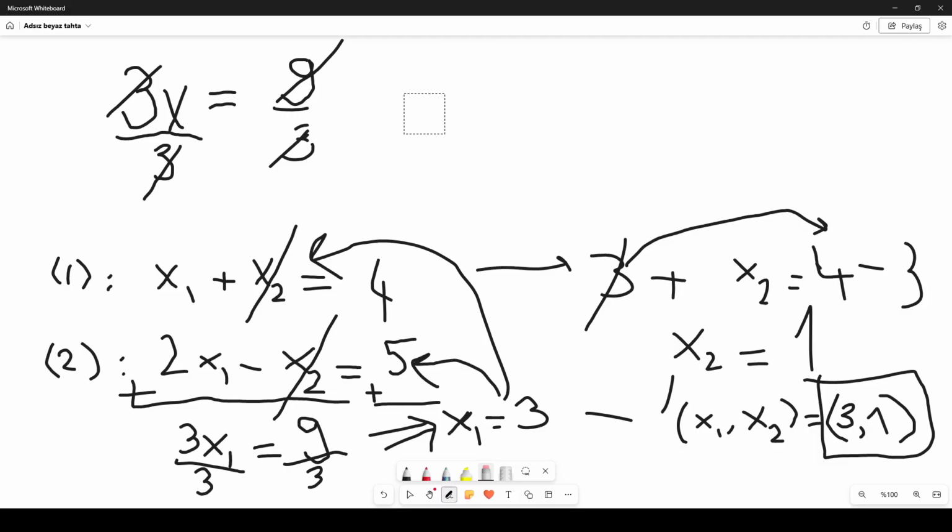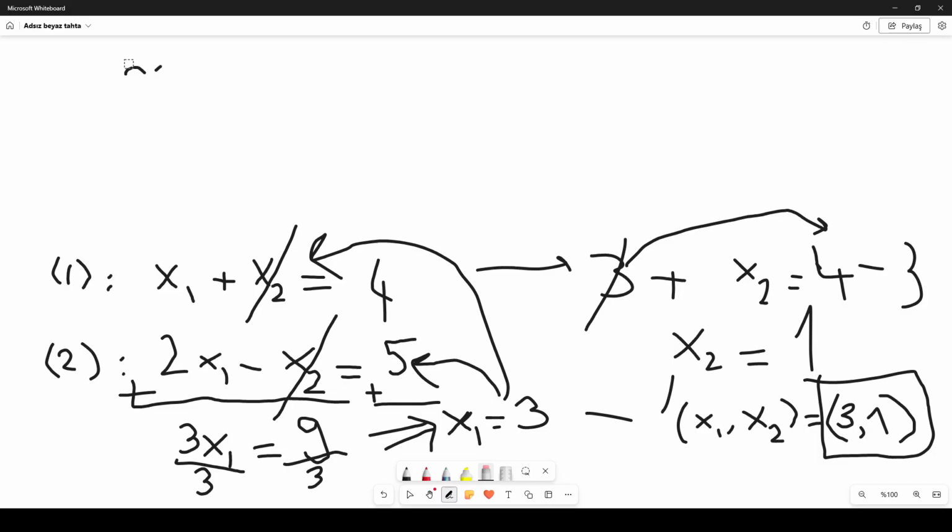And the answer is yes, because I start with the simple case where we have a 2 by 2 system in order to not only explain what a solution means, but also express it from a geometric point of view. And what I mean is this.